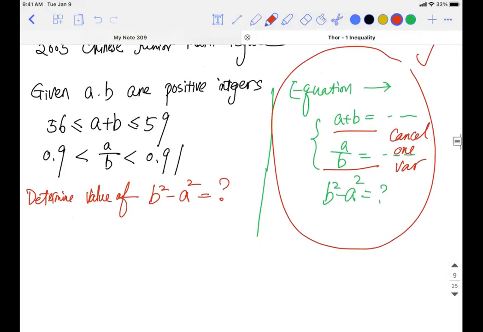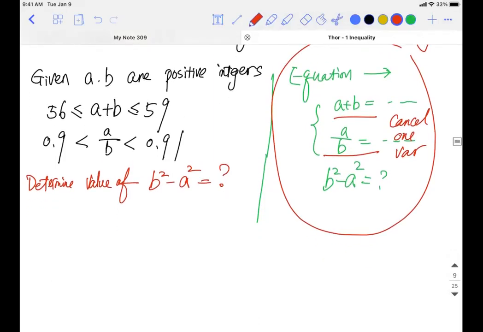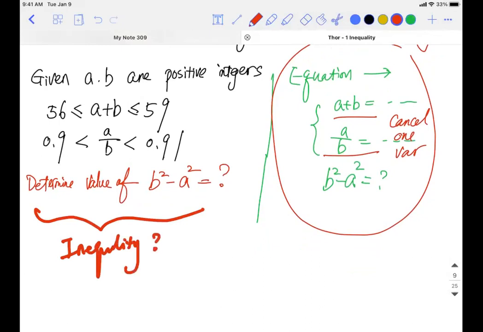Can we do something similar for the inequality? Inequality is not an equation for sure, however, I think they're very similar. From the equation's perspective, your goal is to cancel one variable, using A to represent B, and then substitute it into the second equation.